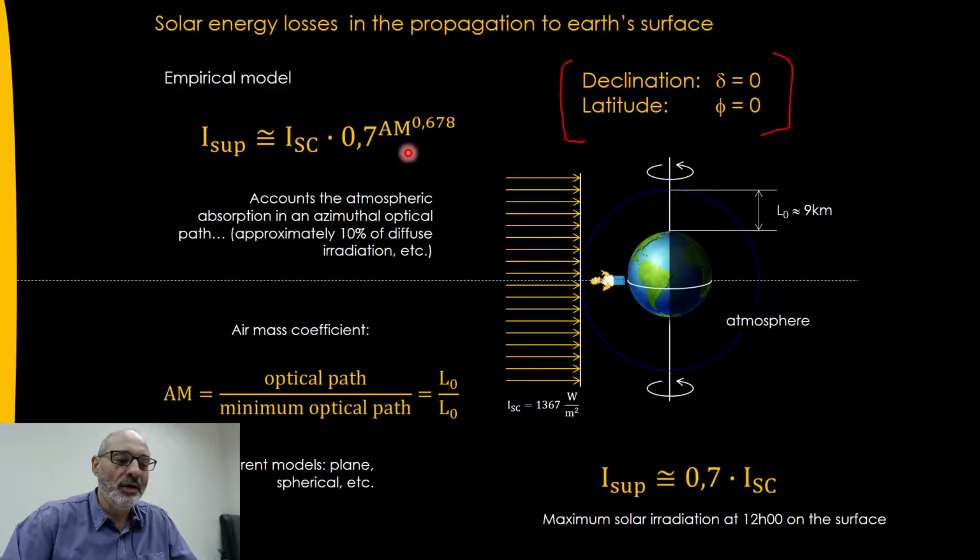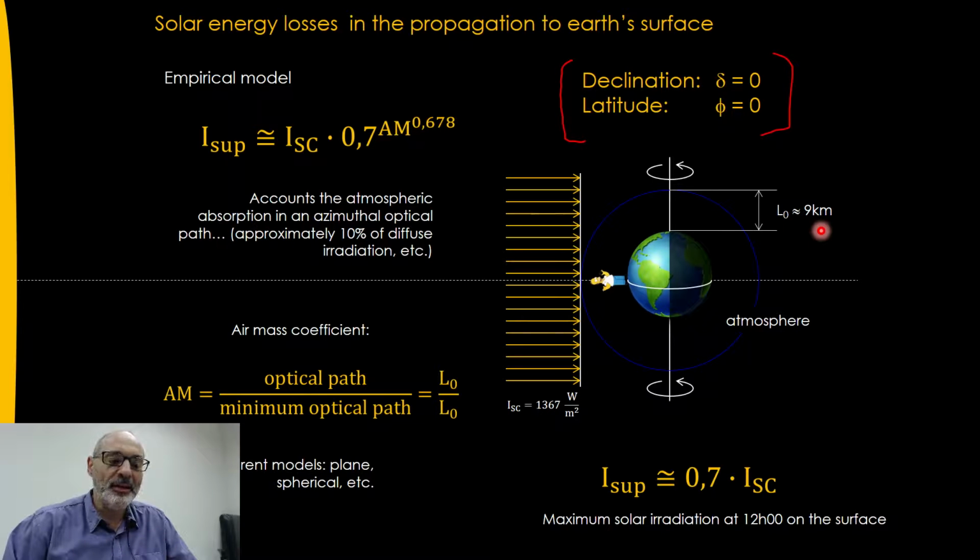So L0 divided by L0 is 1, and 1 to the power 0.678 is 1. So you have this empirical formula here. And L0 has been measured as 9 kilometers. Of course, the atmosphere goes much beyond this, but in terms of absorption, 9 kilometers.